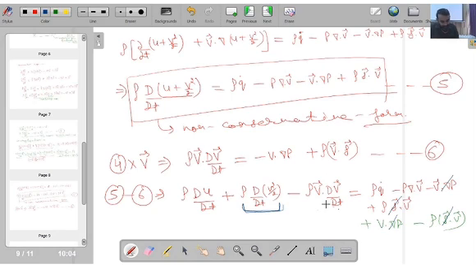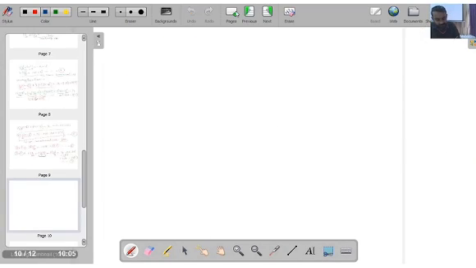Now this other term I will write in some other form so that it can cancel with the third term. Numbering this equation as 7, I take the second term of equation 7, which is rho d by dt of v square by 2. v square I can write as v vector dot v vector by 2.